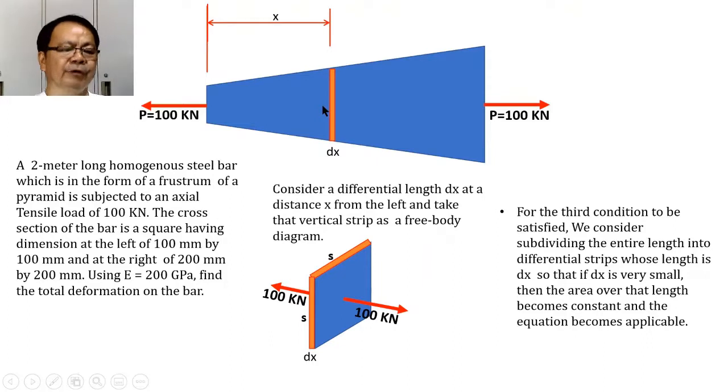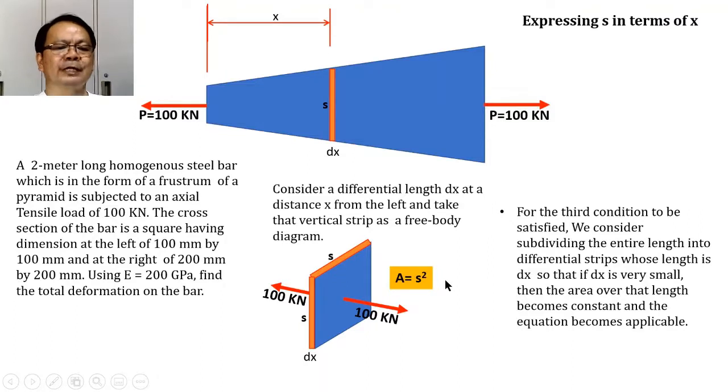So ito rin siya yung S na yun, di ba? And if we are going to consider the area, therefore, it will become equal to a constant all throughout this distance dx, and that value is equal to S squared.